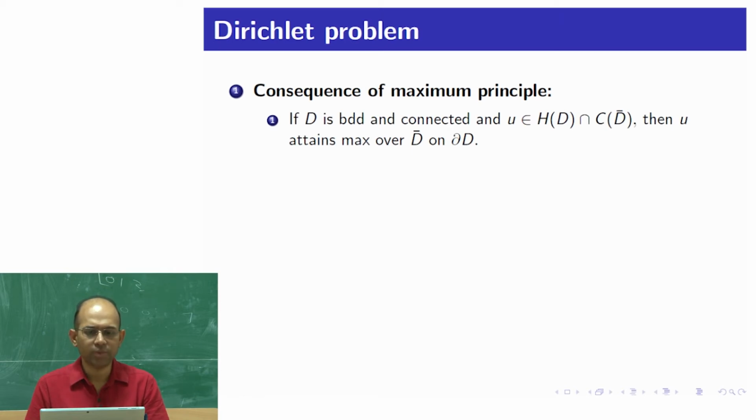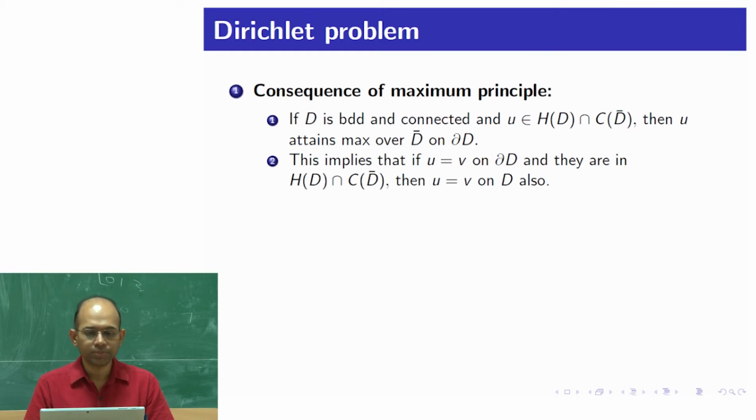If D is bounded and connected and U is a harmonic function on D and continuous on D closure, then U attains its maximum over D closure only on the boundary, because the maximum cannot be inside if U is non-trivial.